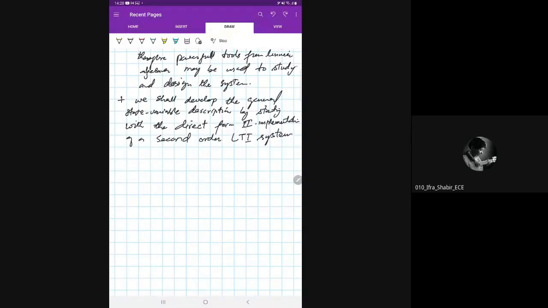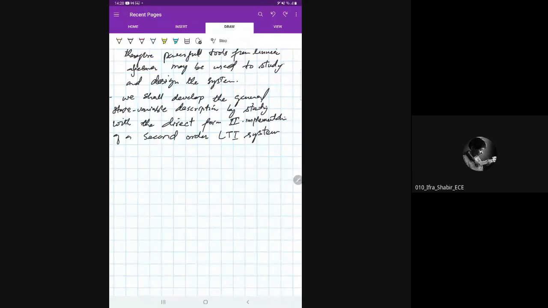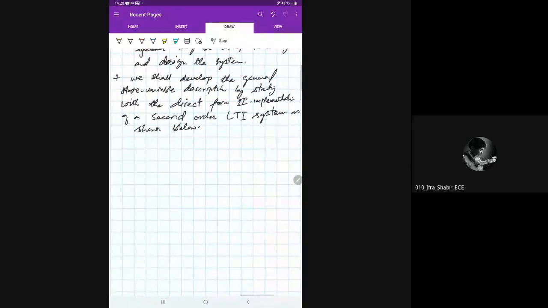Now see, the direct form second order system is shown below. I'll draw it here and then we'll try to assess it. I'll draw this system once more. So this is the direct form second system. हमने ये पिछली lecture में we have seen it in our previous lecture also. This is y of n.